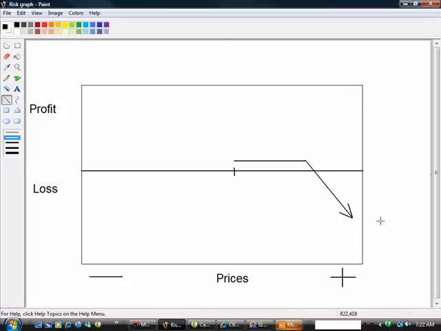So you still have this risk, but the difference is, let's contrast this with a spot position. How would a spot position look on this graph? Well, it would start right here and go down. So that's basically what you've done, is you've created this little margin in here. You've created some fat in this trade that you didn't have before.